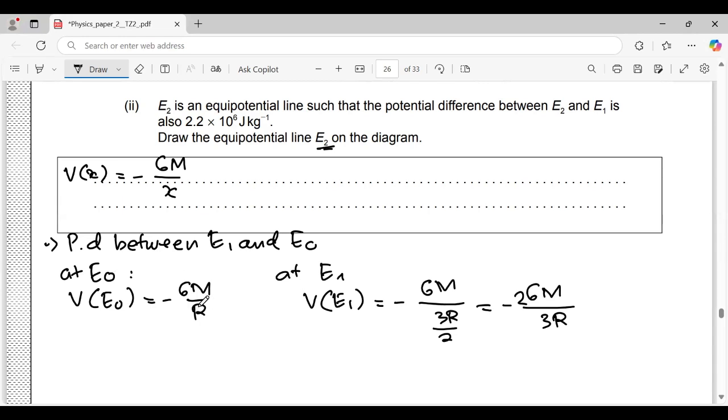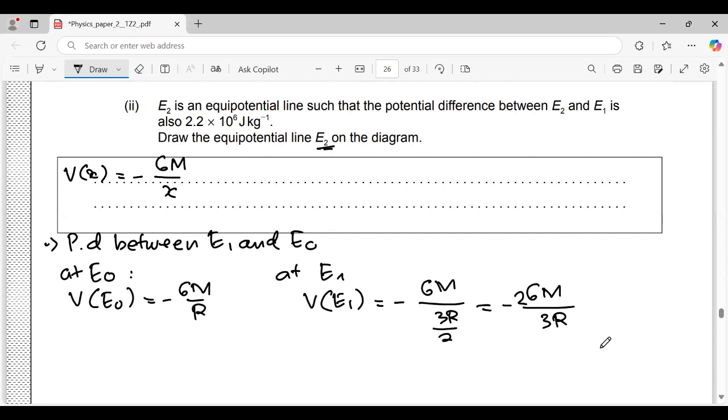And at E0, because the distance between P and E0 is R, and the distance between P and E1 is 3R half, right?